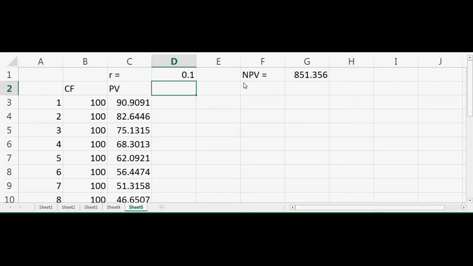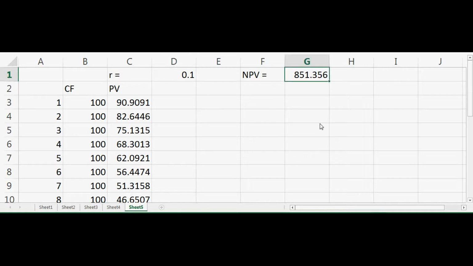So suppose now that we want to give money to someone and he wants to pay you back in installments. So how much installment should you charge him? Suppose you are giving someone a loan, 0.1 is the interest rate, which is 10%, and somebody borrows $1000 from you.